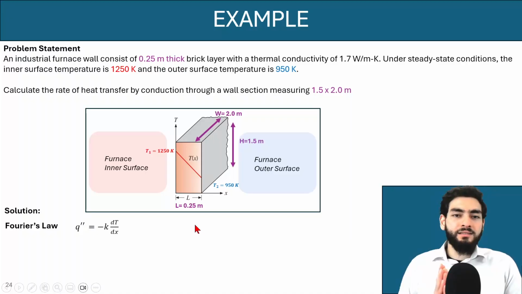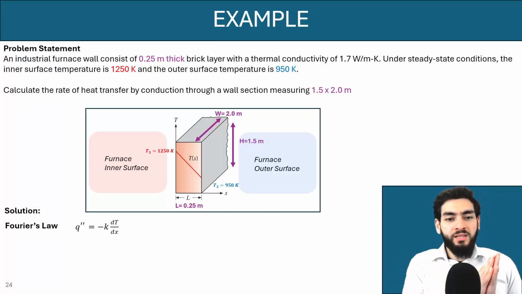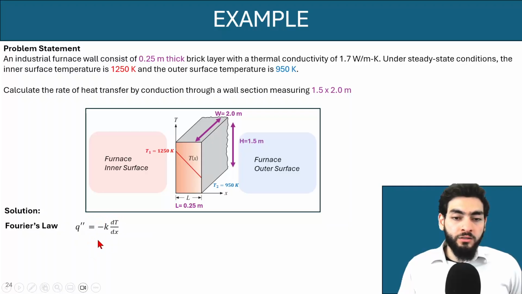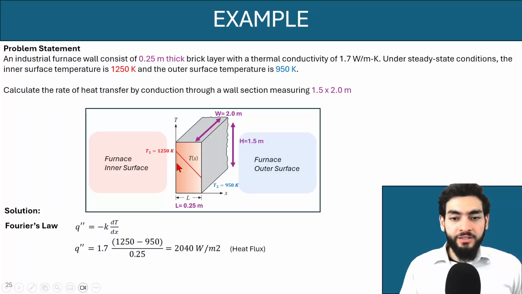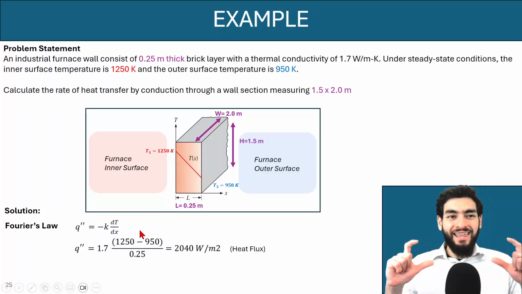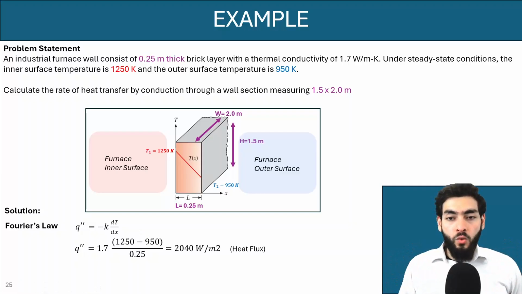We know that this is conduction, so we're going to use Fourier's law to determine the heat flux into the wall. We do that by using the Fourier's law equation, which says -1 multiplied by the thermal conductivity of the wall multiplied by the temperature gradient occurring inside the wall. We know the thermal conductivity, and the temperature gradient is just the difference in temperature divided by the length of the wall.